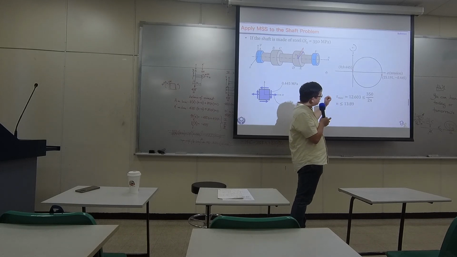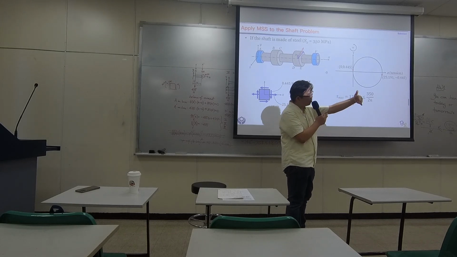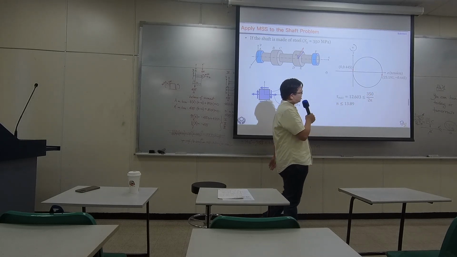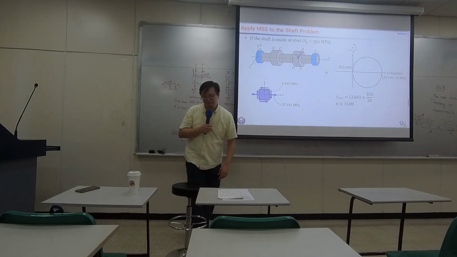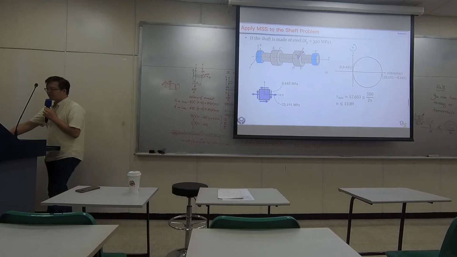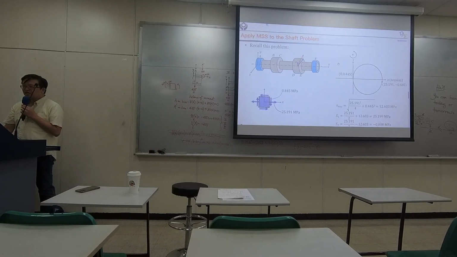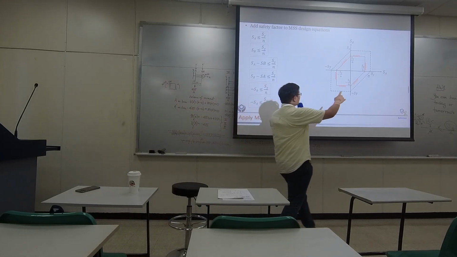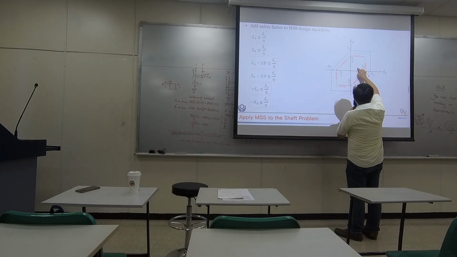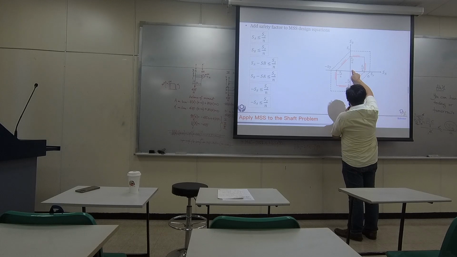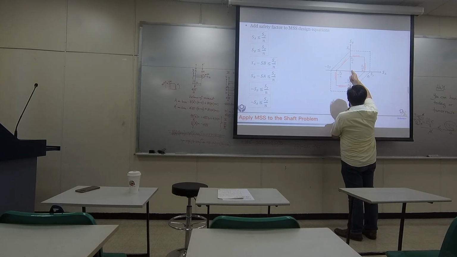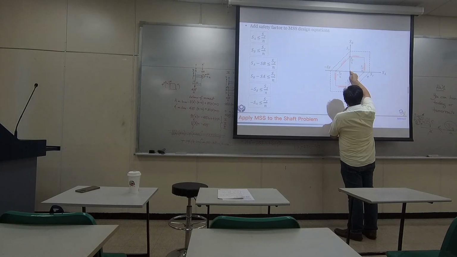So this N represents how far away you are from the edge of yielding. In this particular design, if this is the edge, you are far away from it. It's like you are dividing this distance by 13, so you are somewhere here, so close inside.